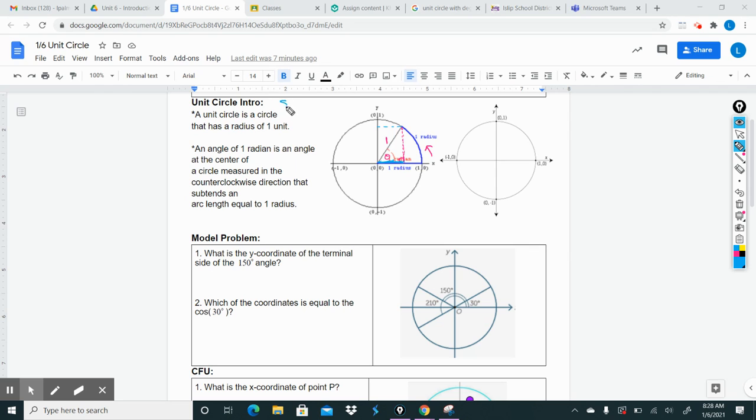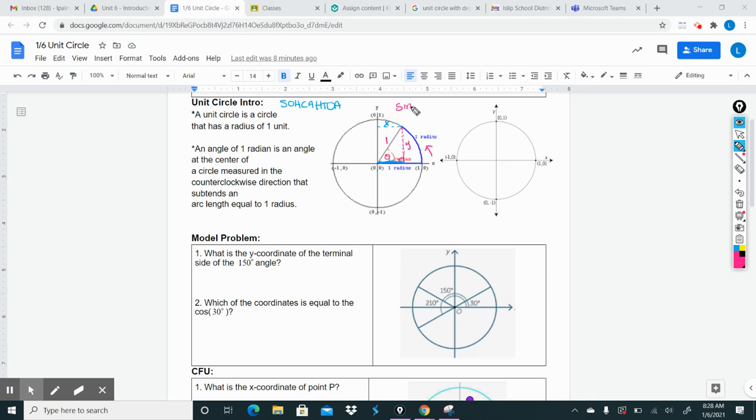So you still have to remember your trig ratios. If we remember SOHCAHTOA from yesterday, sine is opposite over hypotenuse, cosine is adjacent over hypotenuse, and tangent is opposite over adjacent. So we have our x value here, and we also have our y value right there.